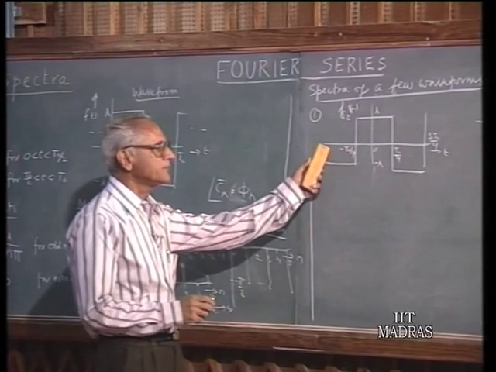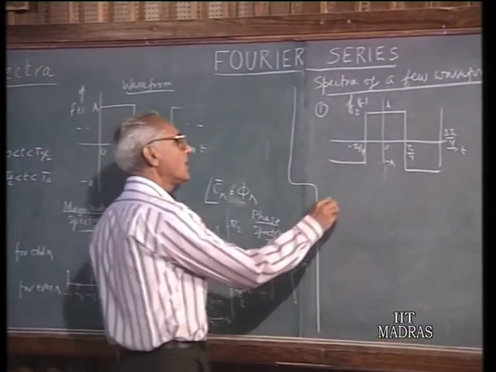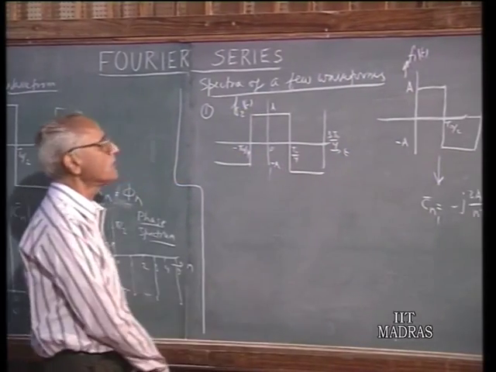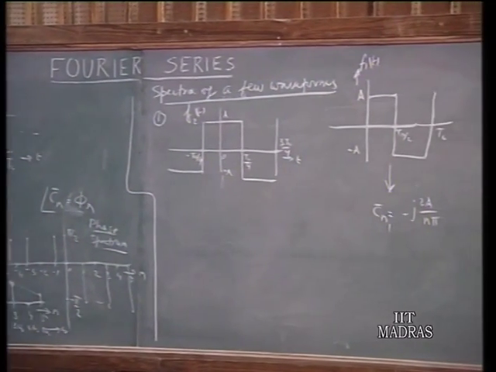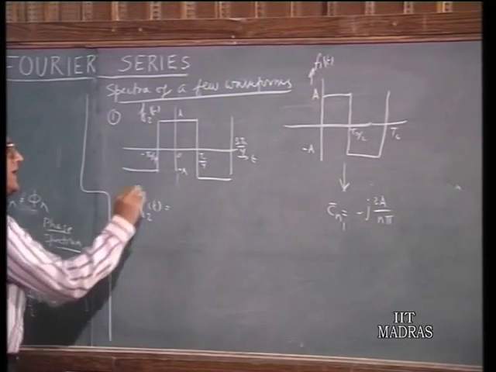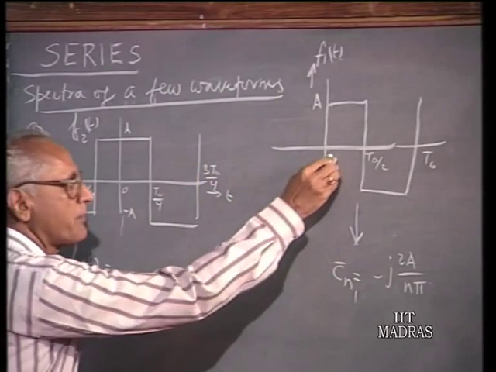Now what would be the Fourier coefficient for this? You can say from this, these two are essentially the same waveforms except for a shift in the origin. In fact, f2 of t is obtained by advancing this by a quarter period.